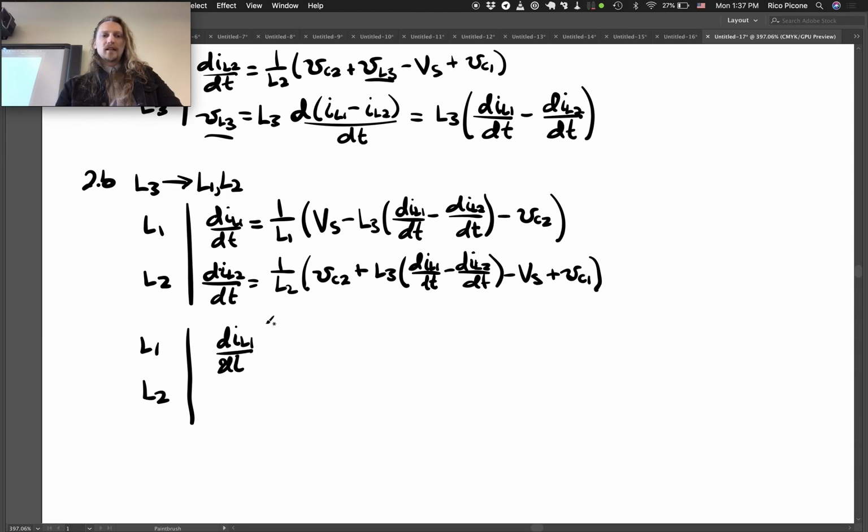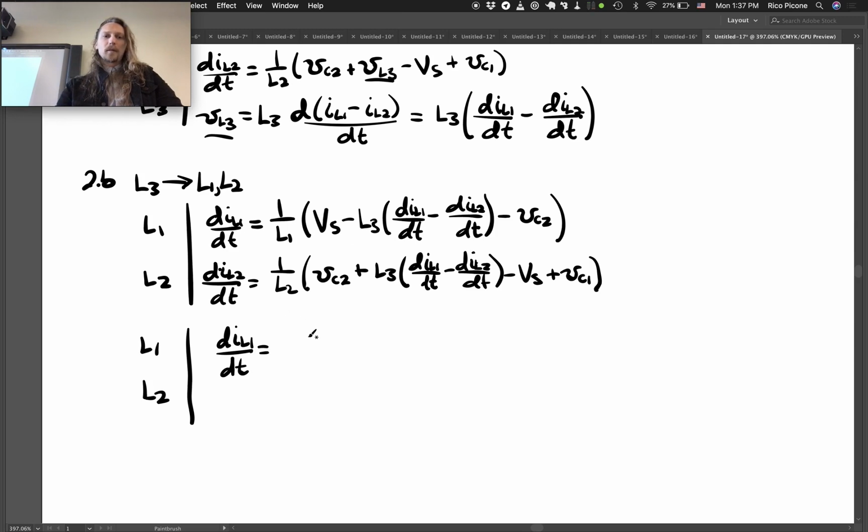dIL1/dt equals. So I would add L3 over L1 dIL1/dt to both sides, right? This one would go away, I'd get one over here. Then I could factor out dIL1/dt. I could divide over whatever is left from that factoring process. What's left is going to be 1 plus L3 over L1.